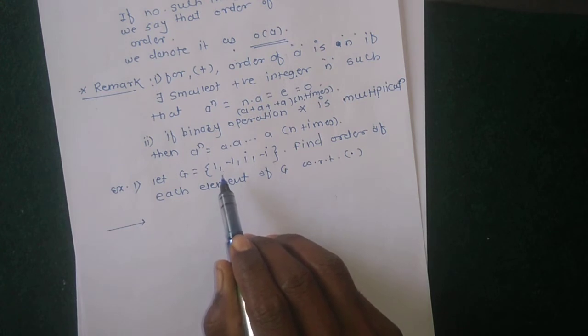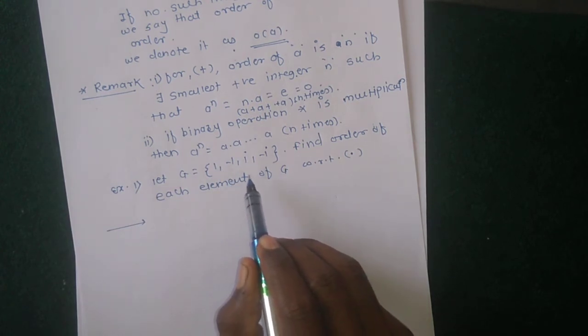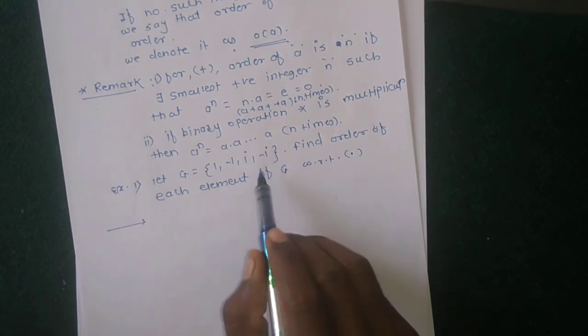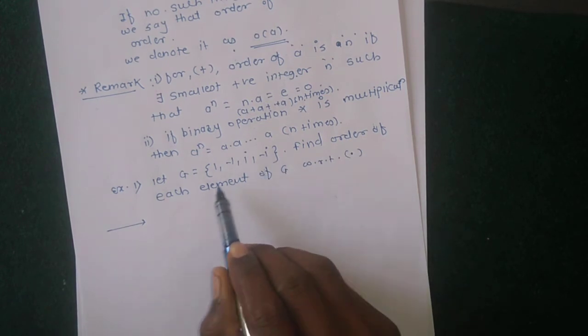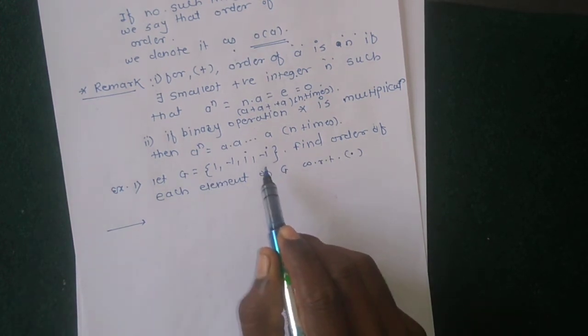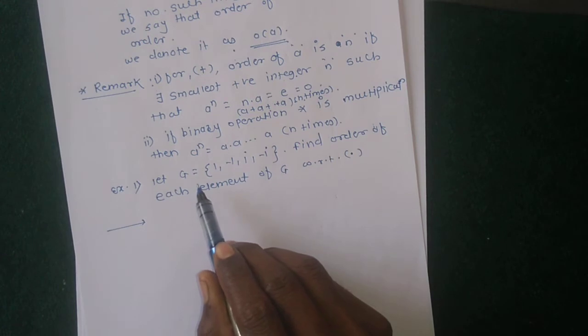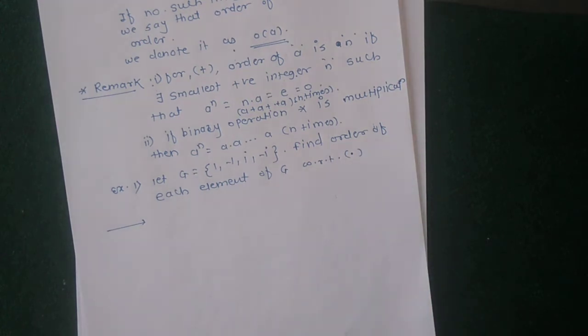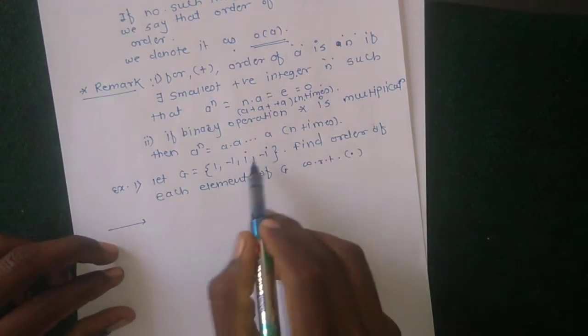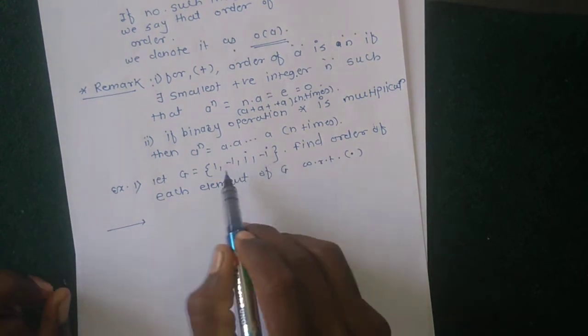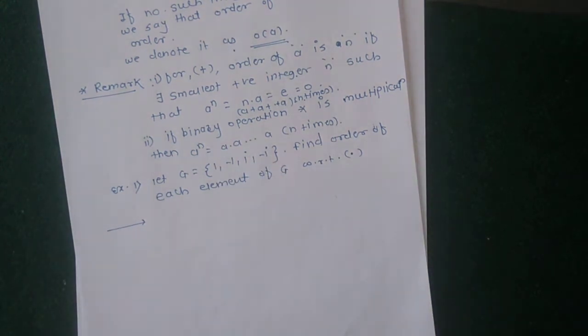Therefore the identity element in the given group is 1. This was also proved in previous lectures. The order of this group is 4, because it contains 4 elements. But we have to find the order of an element, so how do we find it in this group with respect to multiplication?